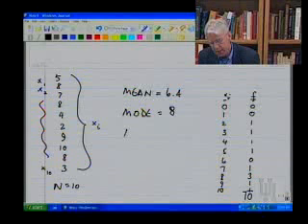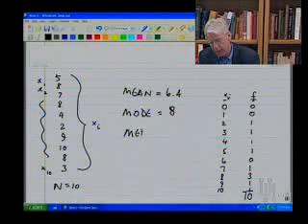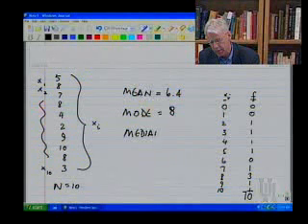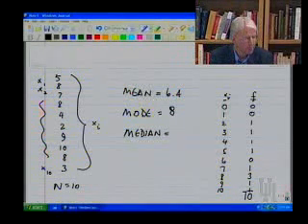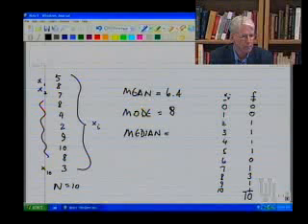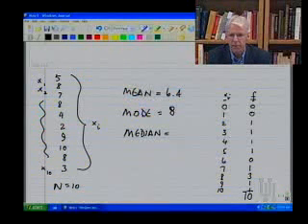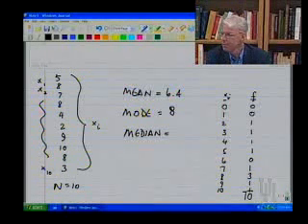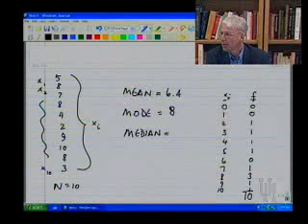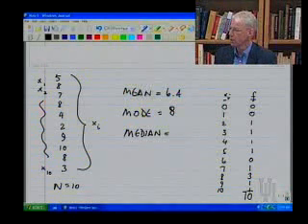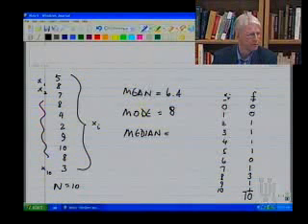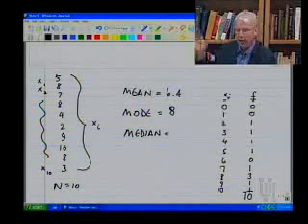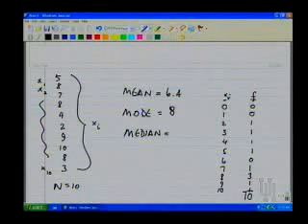Let's look now at the third and last measure of central tendency, the median. The median is the 50th percentile. The median is that score which divides the distribution in half, such that half of the scores are above the median and half of the scores are below the median.